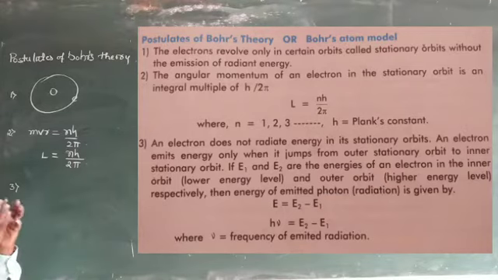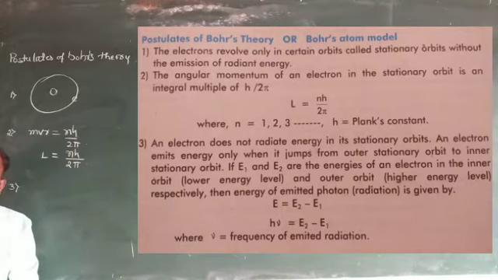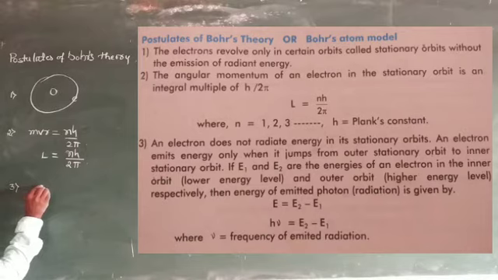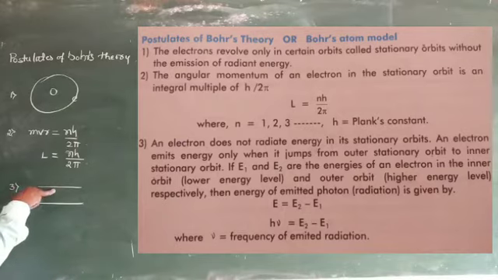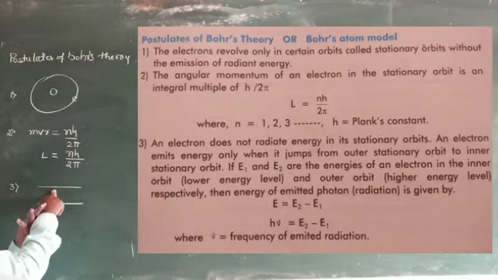To calculate the emitted or transition energy, E is equal to E2 minus E1. Here one is the ground state or inner orbit, and the other is the excited state or outer orbit.